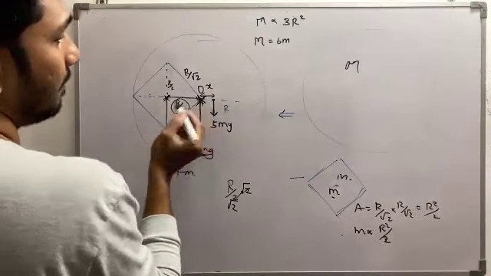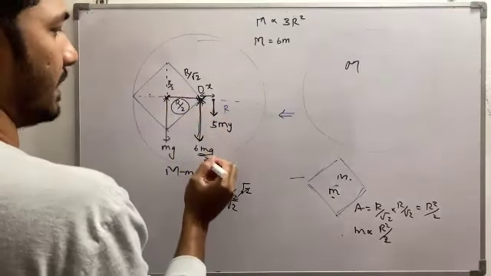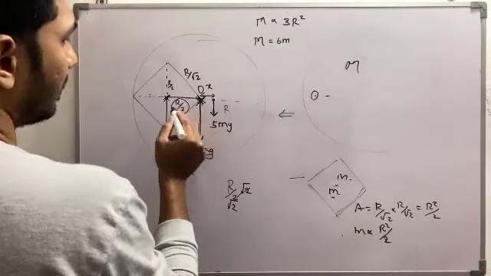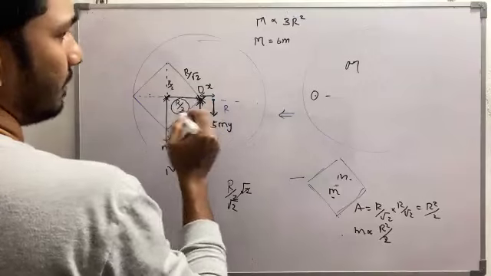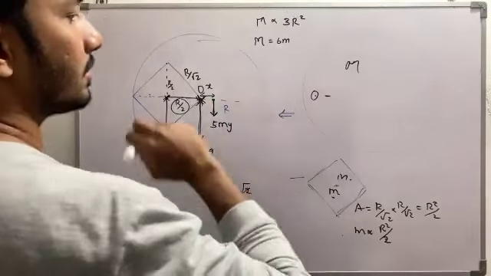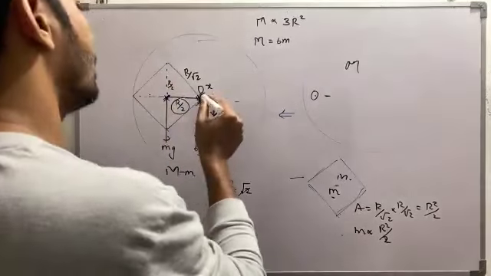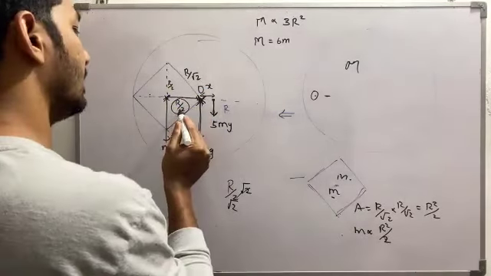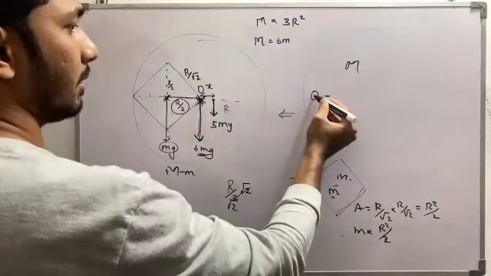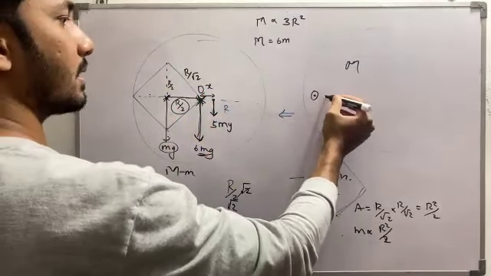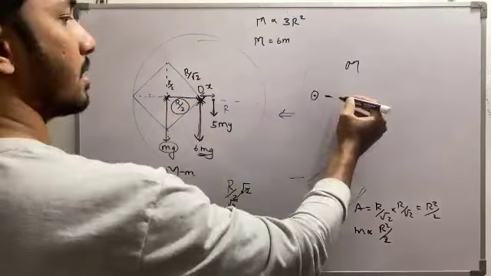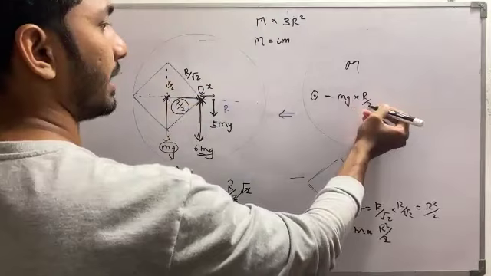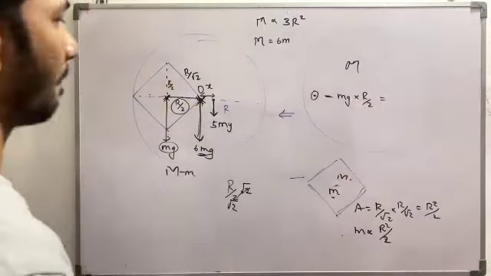So I'm going to write the equation. The moment due to 6mg minus the moment due to this mg into r by 2 will be equal to what?